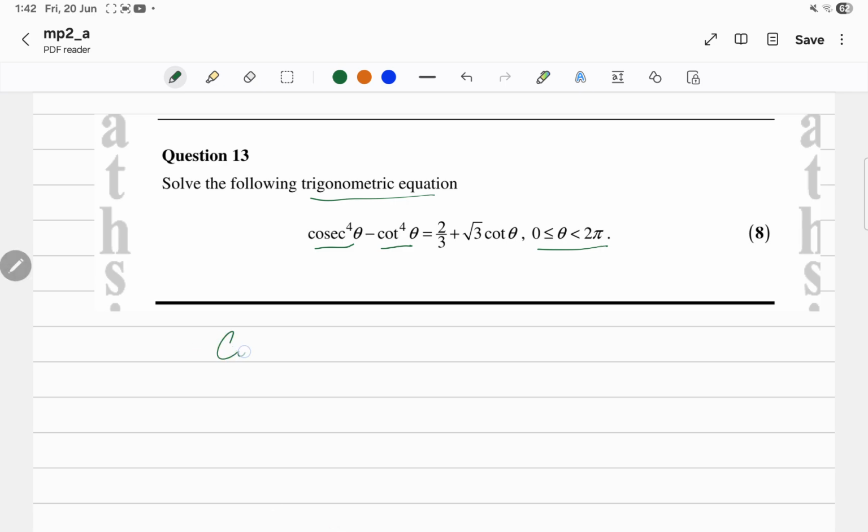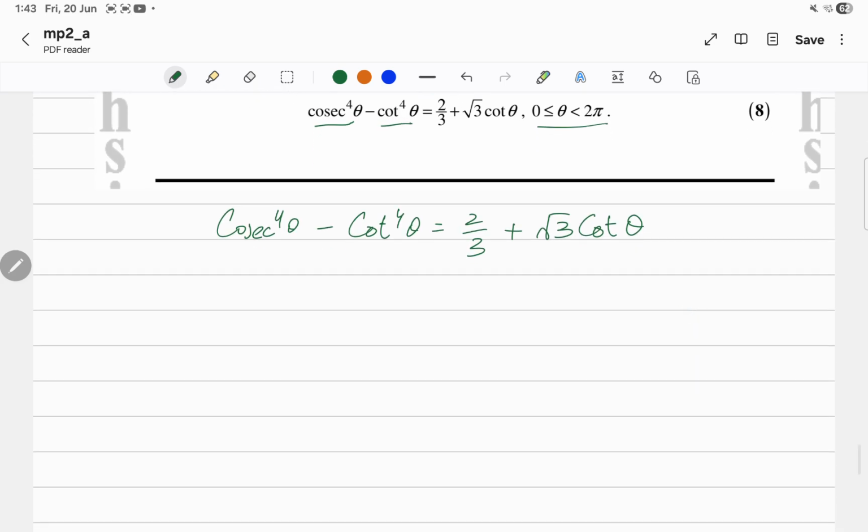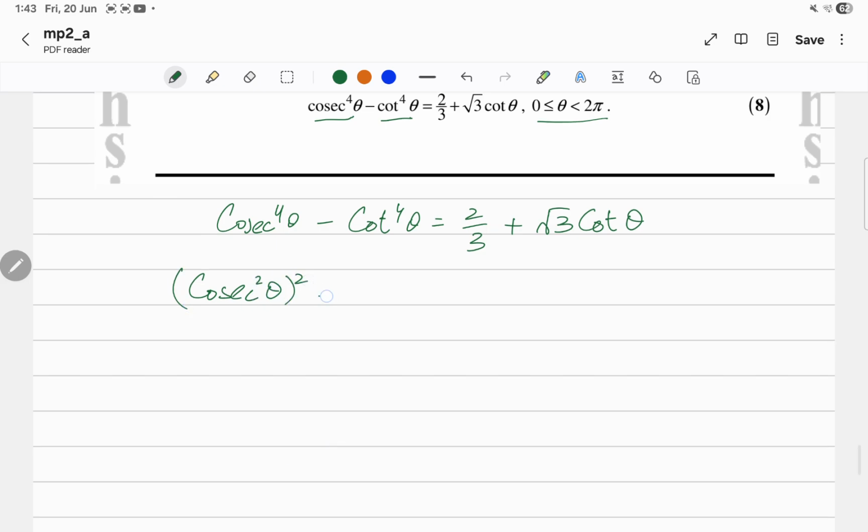So if we consider cosec 4 theta minus cot 4 theta equals 2/3 plus root 3 cot theta, on the left hand side we can write this as cosec square theta whole square minus cot square theta whole square equals 2/3 plus root 3 cot theta.